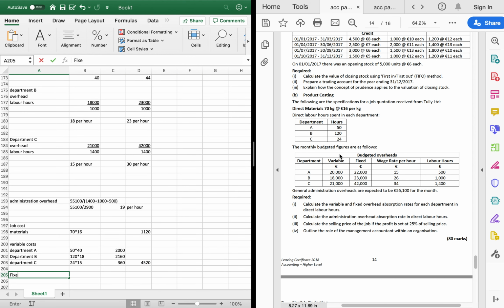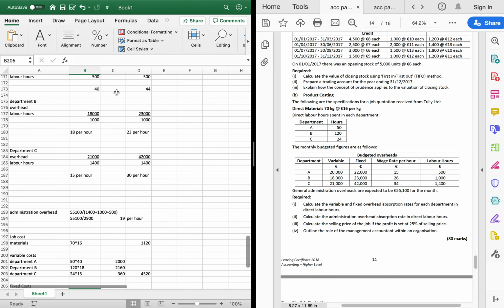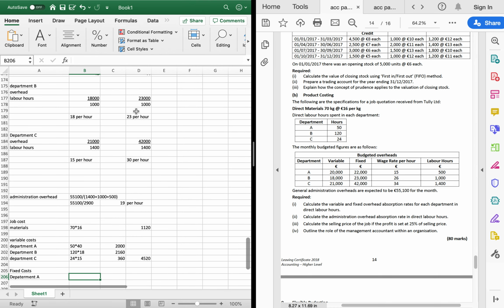Our fixed costs are, again, for department A, the hours don't change, right? So it's going to be 50 by our answer from up here, 50 by 44, which is 2200. Department B, 23 per hour, so still 120.